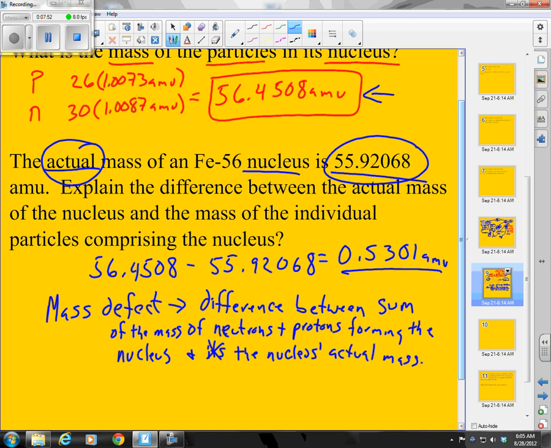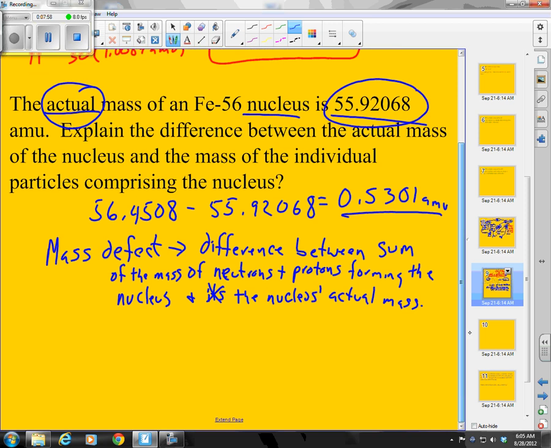Got it? The difference between the sum of the mass of the particles forming the nucleus and the nucleus's actual mass. And this mass defect, this sum is always going to be greater than the actual mass.